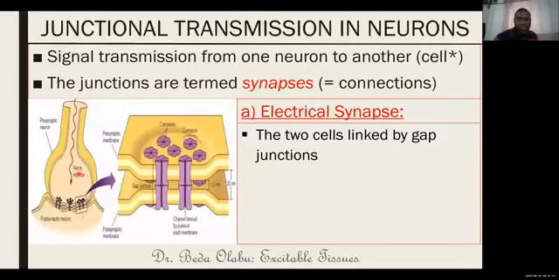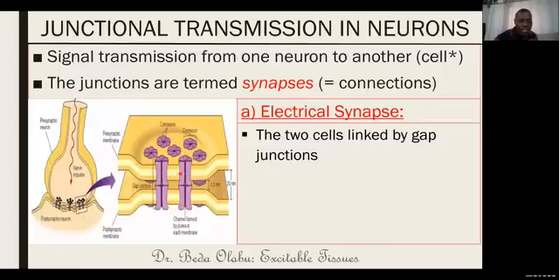If we have depolarization here, it means that we'll have sodium influx here. When there is massive sodium influx here, that sodium can easily diffuse through the gap junction to the next cell, which we're now calling the postsynaptic cell. The sodium will diffuse easily through the gap junction to the cytoplasm of the next cell, because these are just gaps.